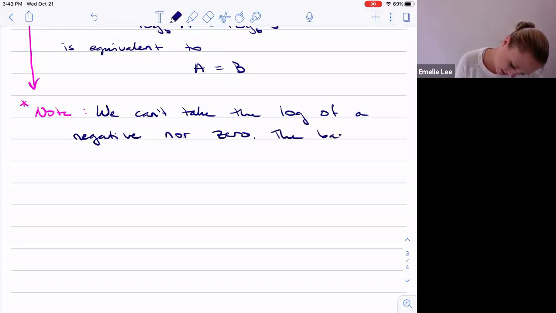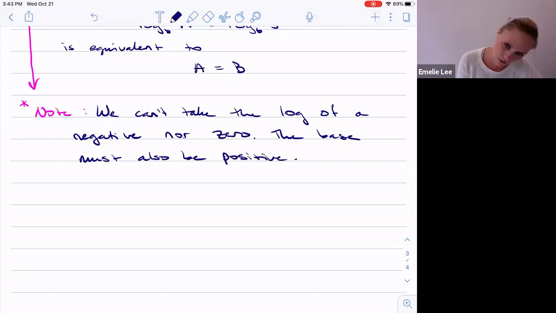The base must also be positive. Okay. So that's any log, right? We can't take the log of a negative and we can't take the log of 0. So that's going to factor into the domain.